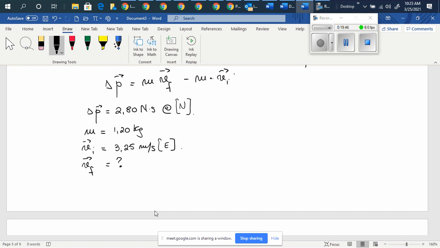So we'll start with writing down what we have here. What we are looking for, keep in mind, is this term here. Mass times initial velocity, or just the initial velocity, is the same thing. So if we rewrite this, delta P is equal to mass times final velocity minus mass times initial velocity, subtract mass times final velocity in both sides.